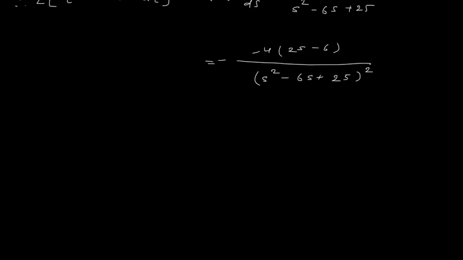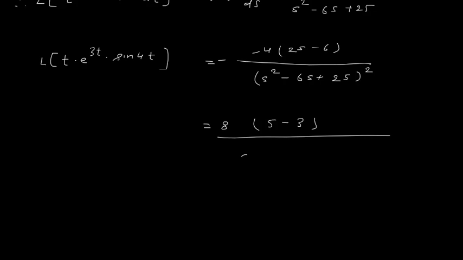This is the Laplace transform of t into e power 3t into sin 4t. Here I can take this 2 common, minus minus becomes plus, so it is 8 times s minus 3 upon s square minus 6s plus 25 the whole square.